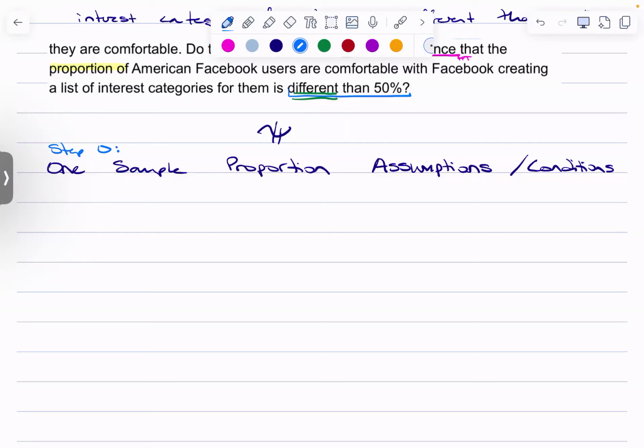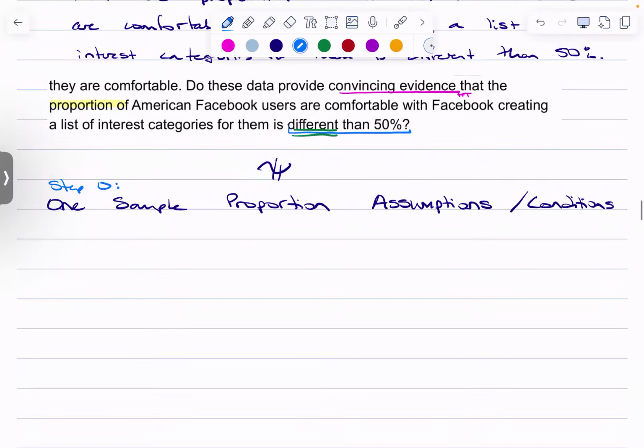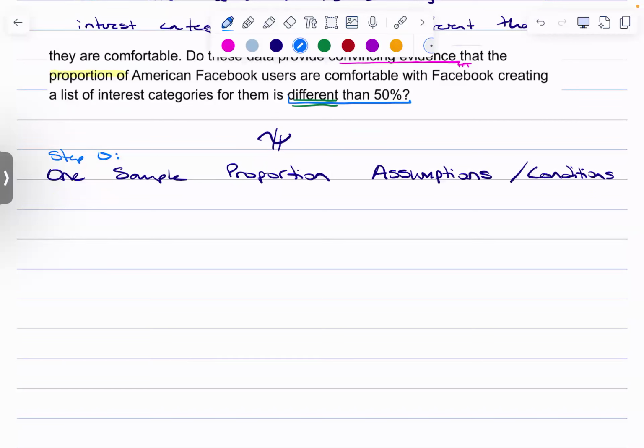But the more you see, you'll pick up patterns and start to recognize some frequently occurring things. Depending on if we're doing a confidence interval or a hypothesis test, the conditions will be slightly different.